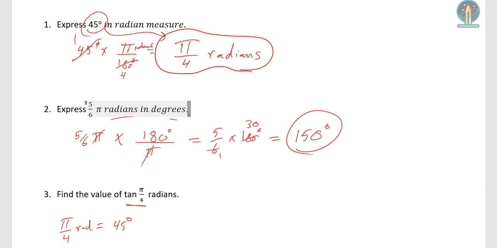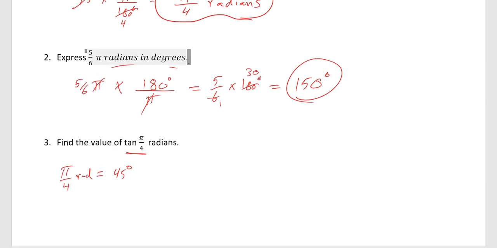So pi over 4 radians is 45 degrees. So here, we can just rewrite pi over 4 radians as 45 degrees, and then take the tangent of 45 degrees, which we do know. It's one of the common tangents with common values, and the value for tangent 45 degrees is 1.